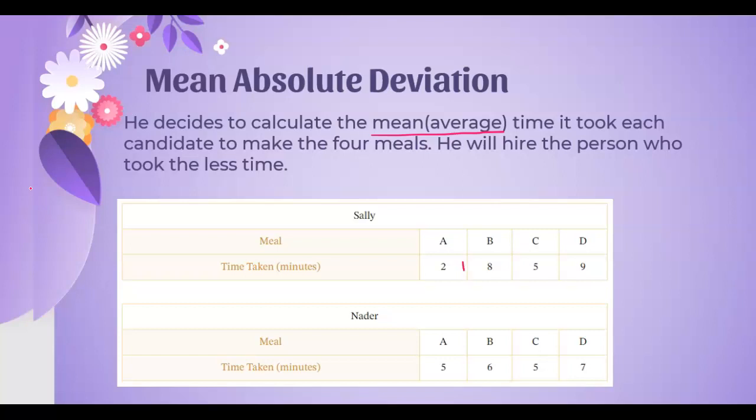We're just going to add up the times it took for them to prepare the meals. So 8 and 2 is 10, and 9 is 19, and 5 is 24. Right, 24. Now, 5 plus 6 plus 5 plus 7.